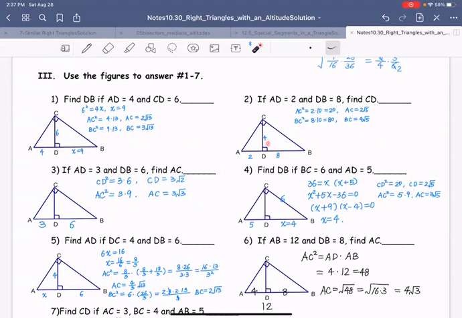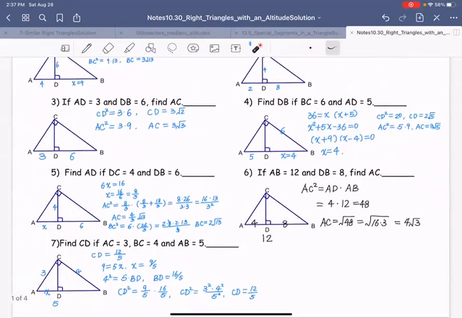For number 2, you know here, you know here. This guy's square is the product of these two, so you can also get this one. Number 3, you know this piece is 3, this piece is 6, and you want to find here. You do this guy squared equals this small piece times the whole piece. So you need 3 times 3 plus 6. So you can also get it.